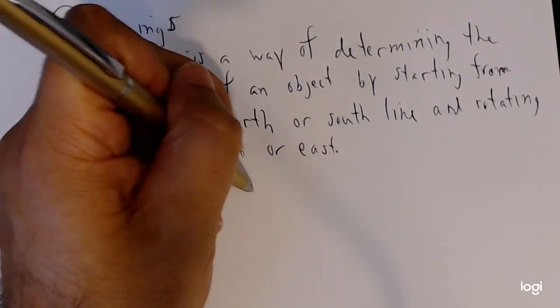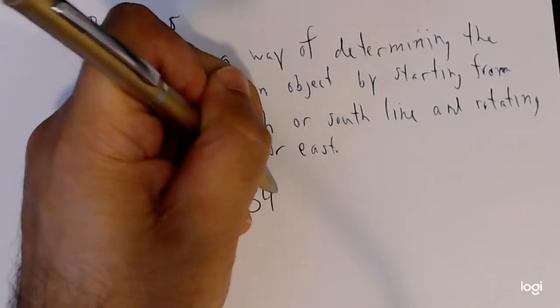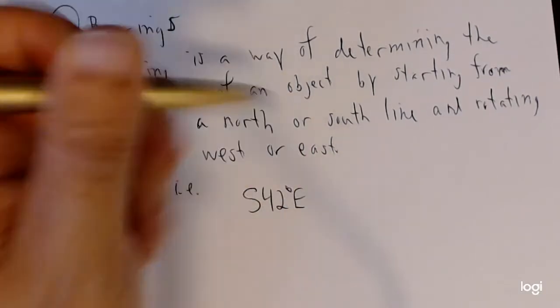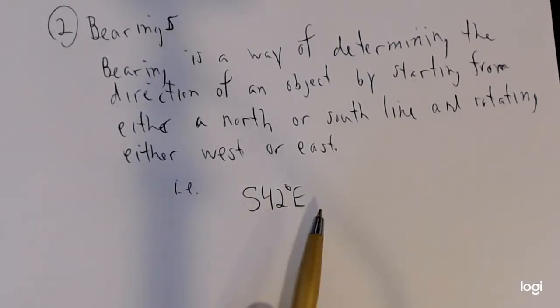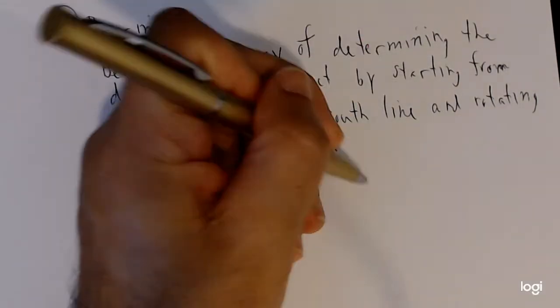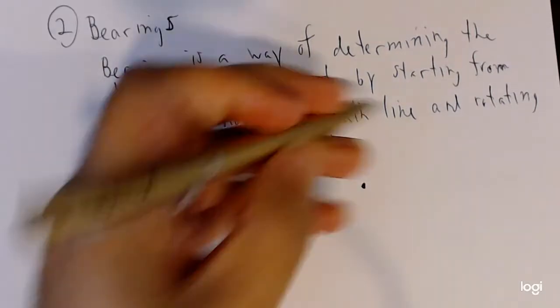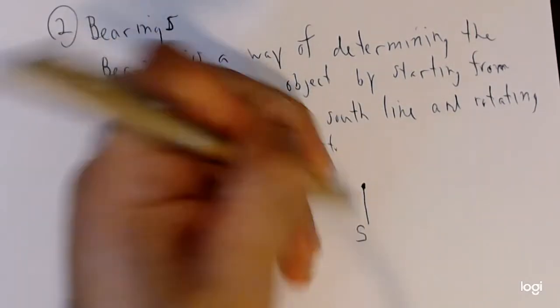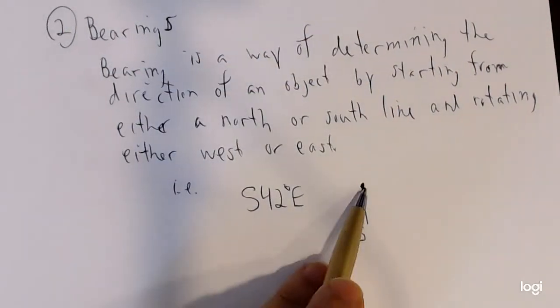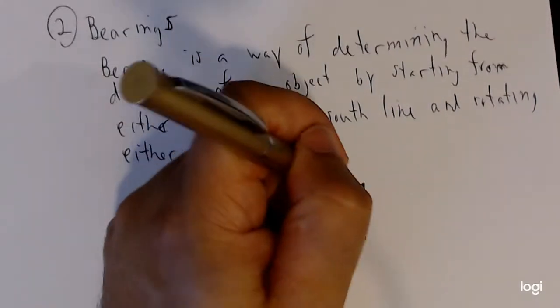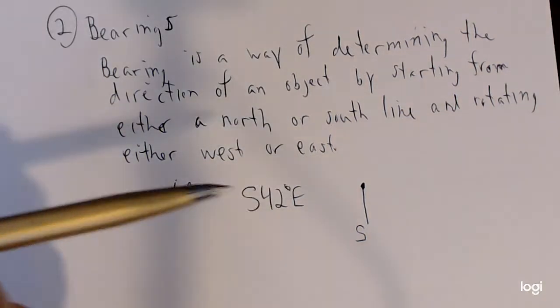So for example, you'll see something like this: south 42 degrees east. You'll always see a north or south first, then an angle, and then west or east. So what is this saying? Start from a point, draw a south line. This is my south line, which I'm going down. From the south line, think of this as the initial side of your angle. I'm going to rotate 42 degrees towards the east, which is that way.